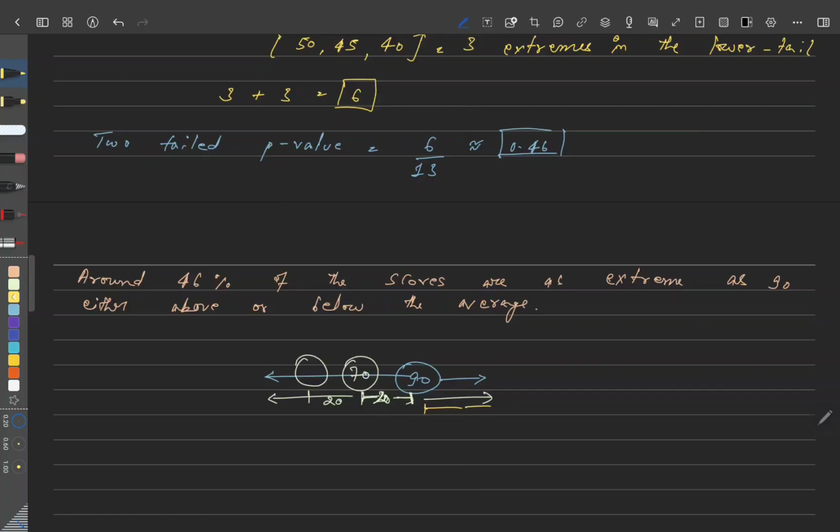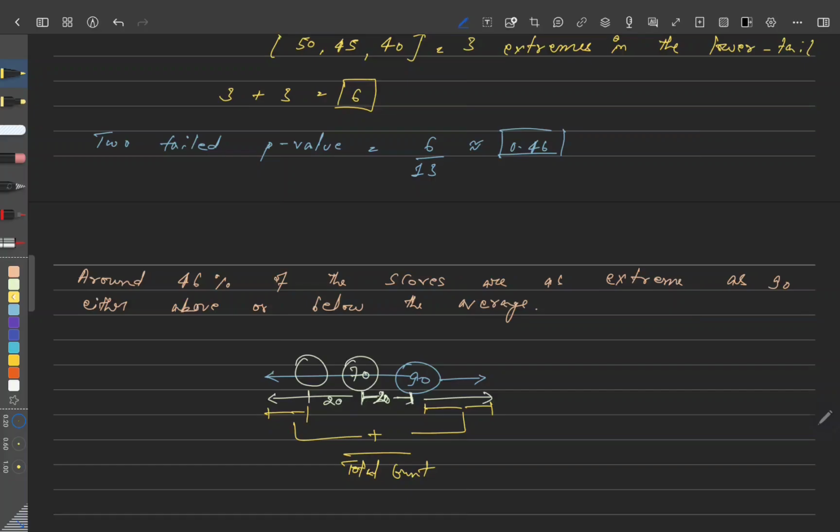So these values, we'll sum these values, and then over the total count. So that would give us how many values are as extreme as 90 on either side of the mean value.